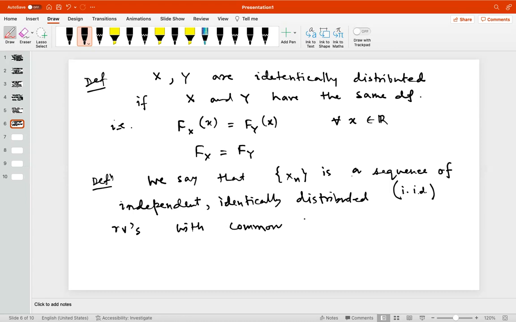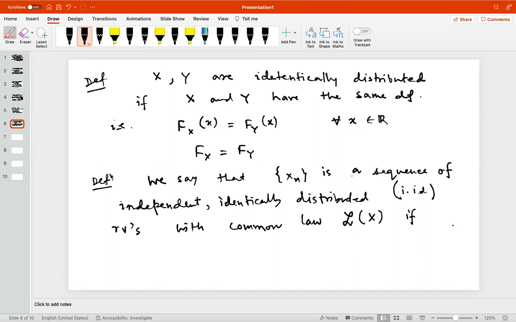If the distribution of x is another random variable with the same distribution as x, that means xn and x are identical and the xn's are independent.